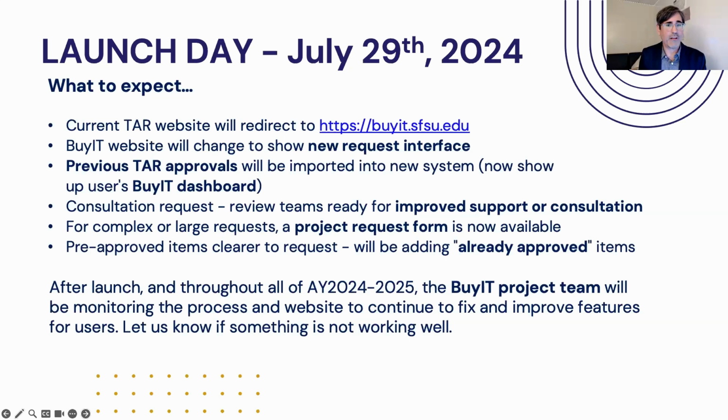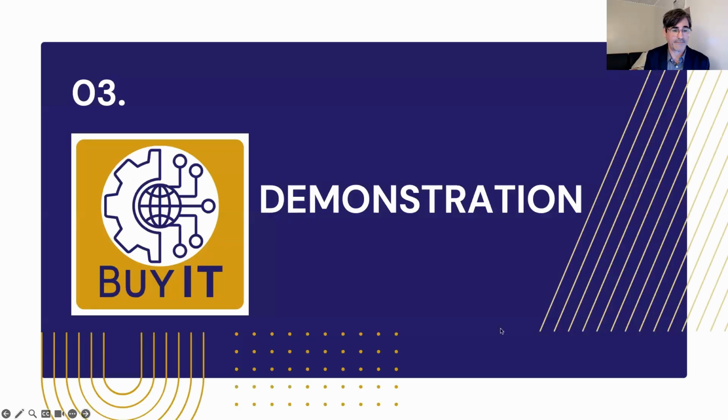So after we launch, one of the things we'll be looking at is how exactly we're going to add into the system this ability to delegate and share. If somebody leaves the university, how can those approvals be migrated back to somebody else in the unit? So that's all part of the process. I'm going to stop now and pass it on to let you actually see what this system looks like.